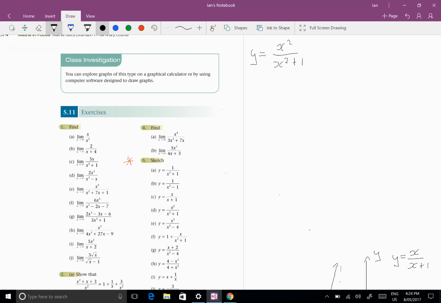Well, let's do our first bit. The denominator can't ever equal 0 because we've got a positive number plus a positive number, so that's already gone.